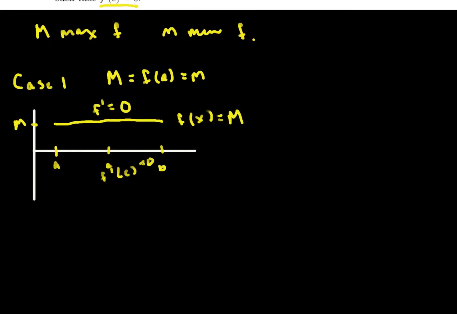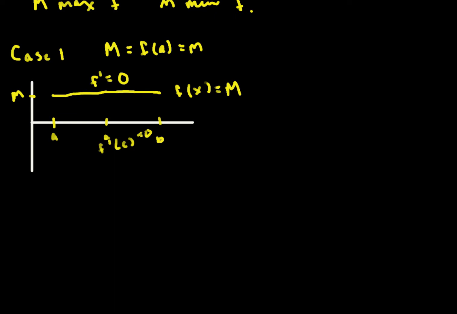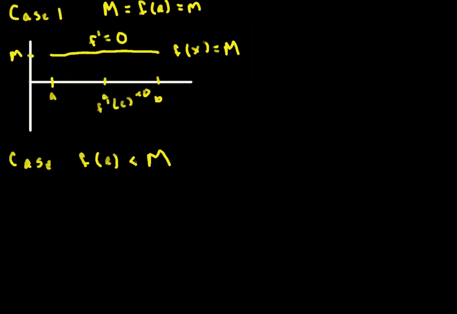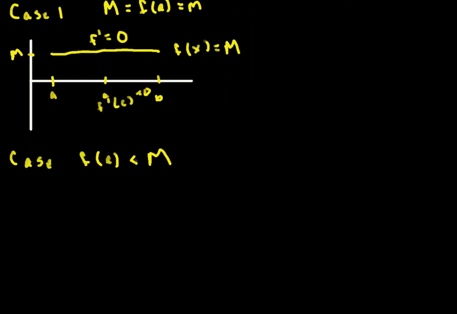Okay, that's one case. The second case is when f of a is less than the max. Since we know that f of a is less than the max, then the graph would have to look something like this.